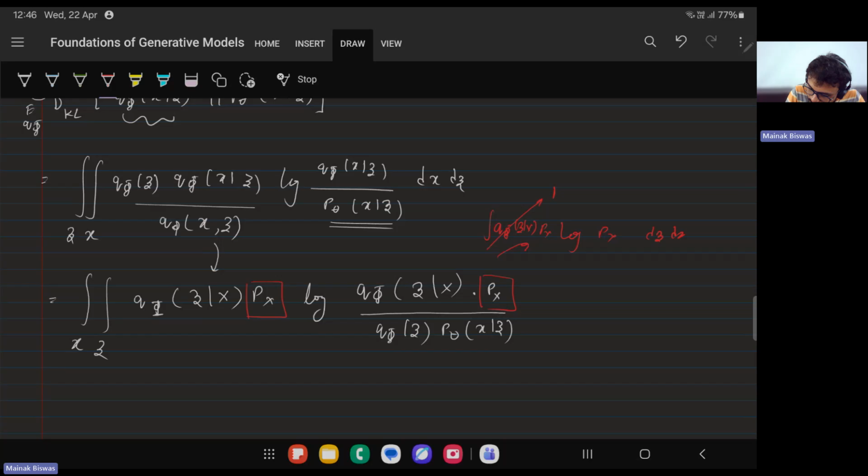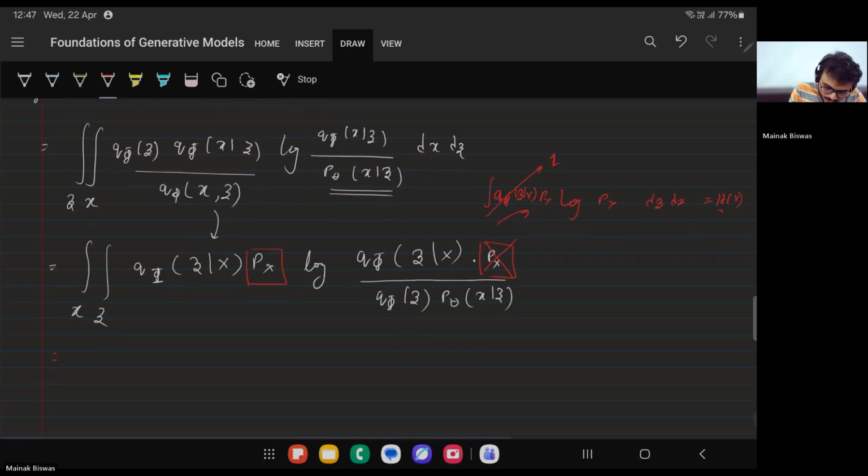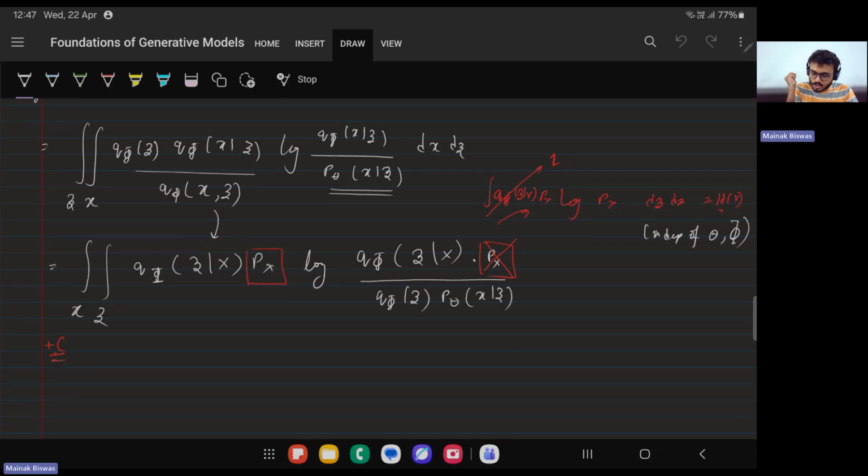This goes to 1 and you get the entropy of x, or some negative of the entropy of x. So I can say that I will be dropping this term, because it is a constant independent of theta and phi. By now you must have understood that.